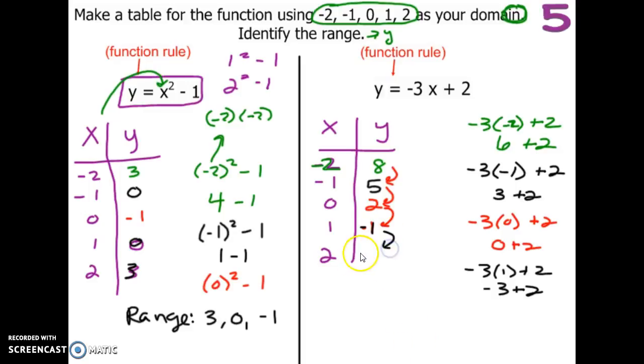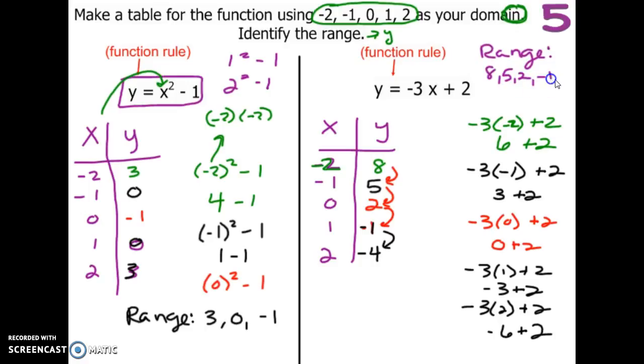If I subtract 3 again, I should get negative 4. If you want to plug that one in, you do, in fact, get negative 4. So we also need to identify our range. Our range in this problem, we got out an 8, a 5, a 2, negative 1, and negative 4.